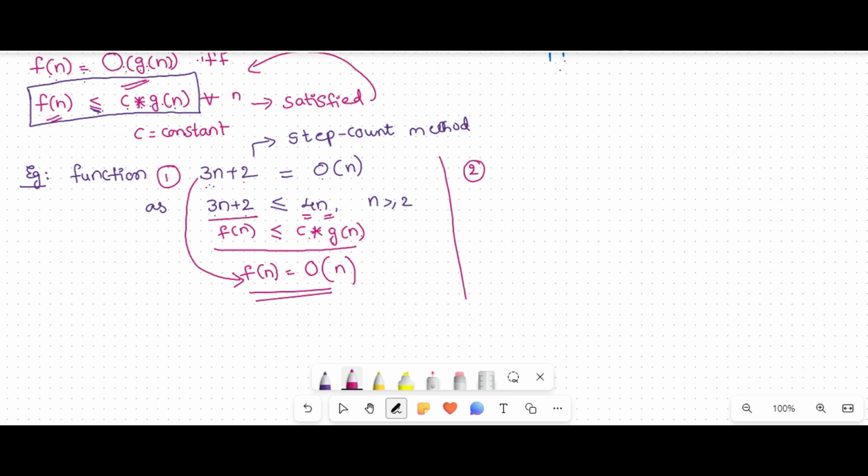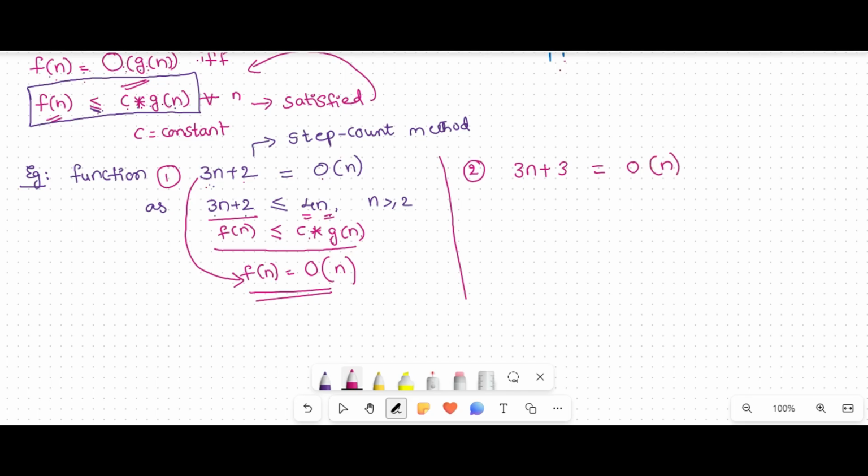Now consider another example. Take another function, 3n plus 3. How can you say the time complexity by using this asymptotic notation big O? This 3n plus 3 equals order of n only.